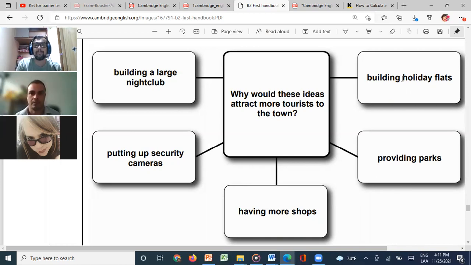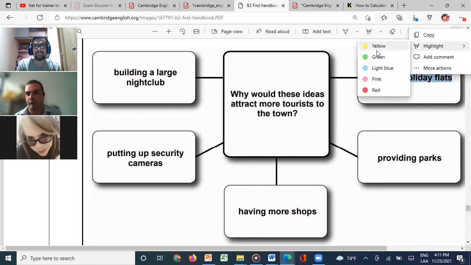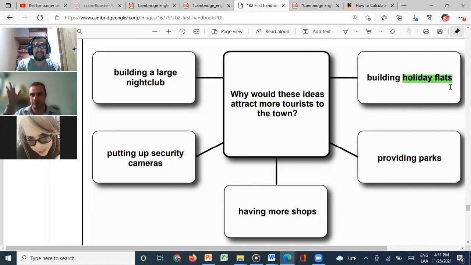Do you know what holiday flats are? Flats son apartamentos. The holiday flats son apartamentos para vacacionar, like Airbnb. Like in Jaco, there's a lot of holiday flats, right? Yeah. Okay. So go ahead.